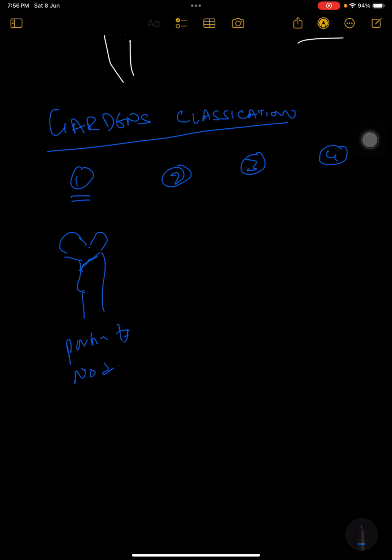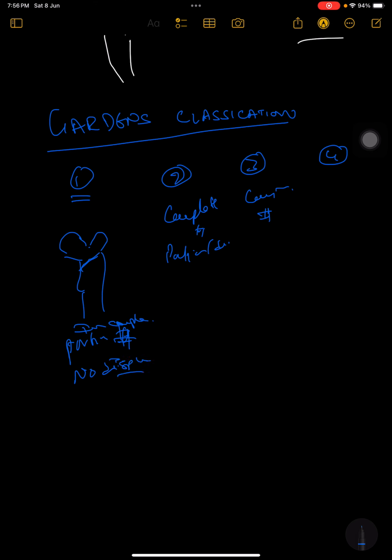Type 2 is a complete fracture and there is partial displacement. Type 3 is complete fracture. Sorry, the first one is a partial fracture, no displacement. You have to say it is an incomplete fracture with no displacement.